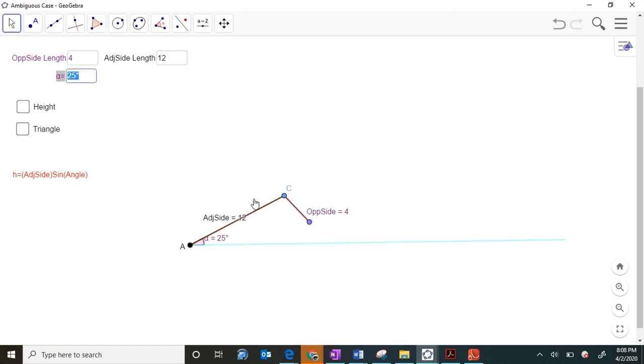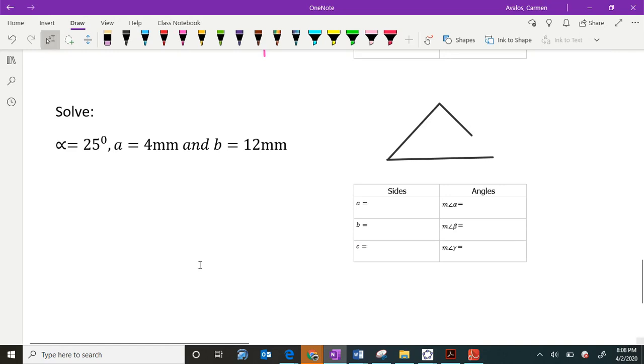I notice it's not going to touch, and if I figure out what the height is going to be, using this formula, I get that to be 5.07. So the 4 is smaller than 5, so it's not going to reach it. So there is no triangle. Going back to this over here, we know it's not going to touch it. There is no triangle, no solution.